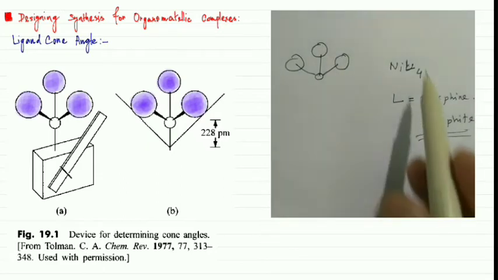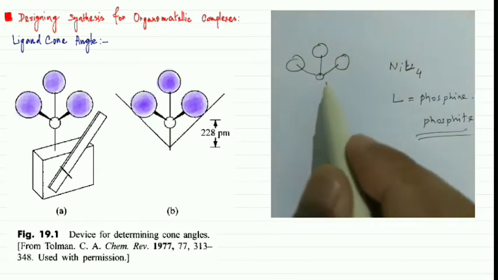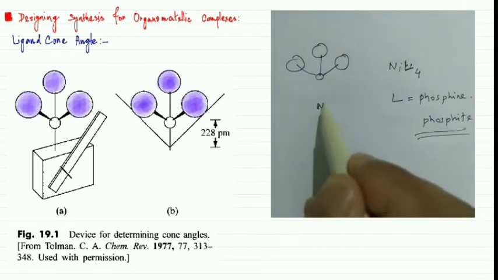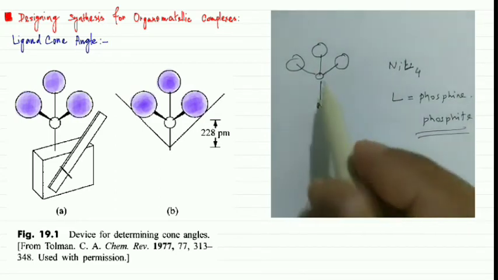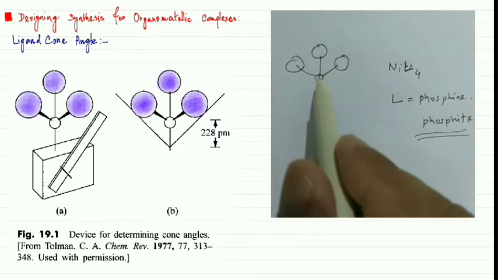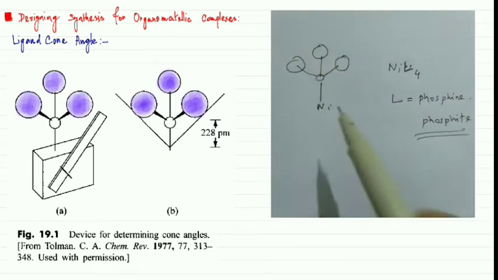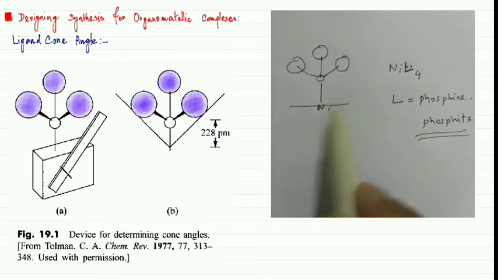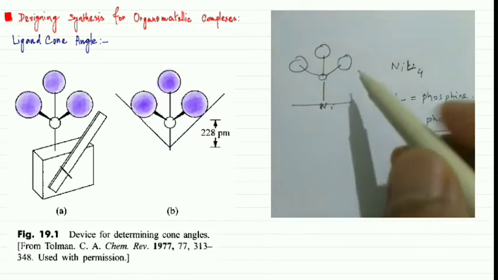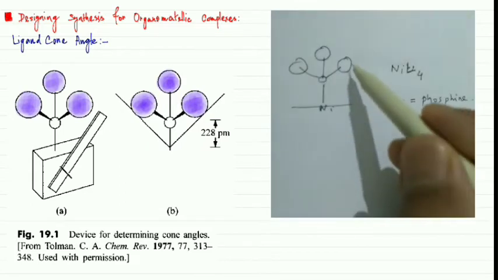So he used this one. Here, let's suppose this is your nickel, and this is a bond between this ligand and nickel. So what do we have to calculate? We have to calculate the angle.